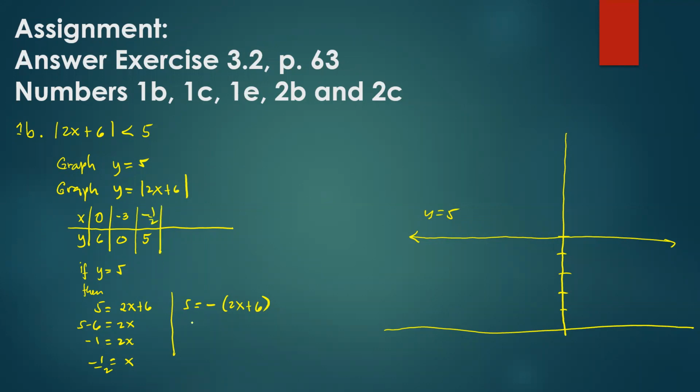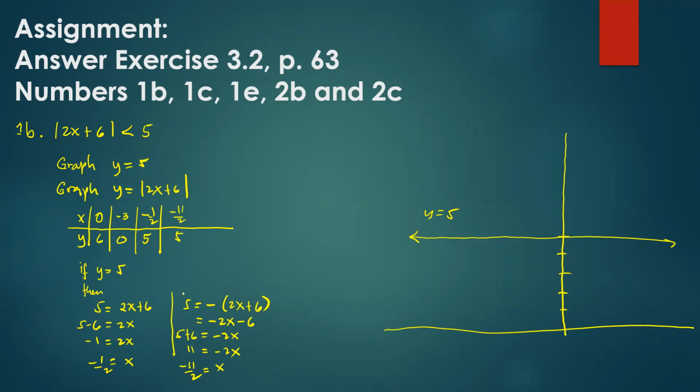The other value, on the other hand, is we have negative 2x minus 6, or that is 5 plus 6 is equal to negative 2x, or that is 11 is equal to negative 2x, or that is x is equal to negative 11 by 2. And this is also 5.